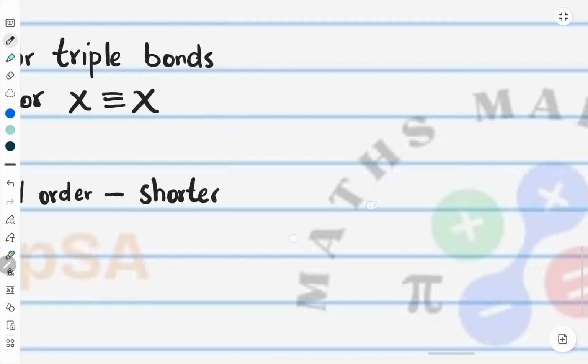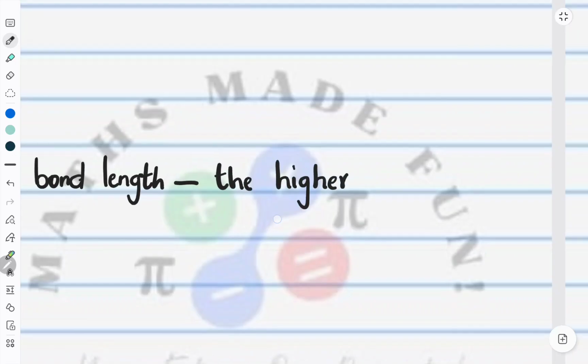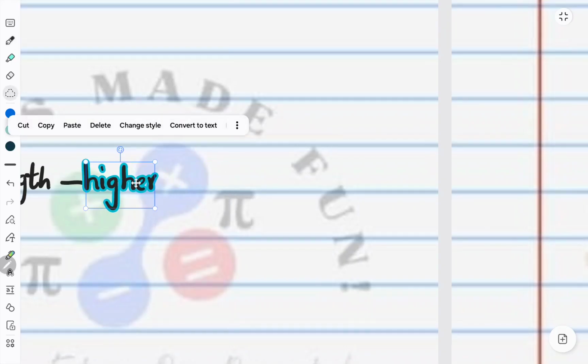The shorter the bond length, and therefore the higher the bond strength.